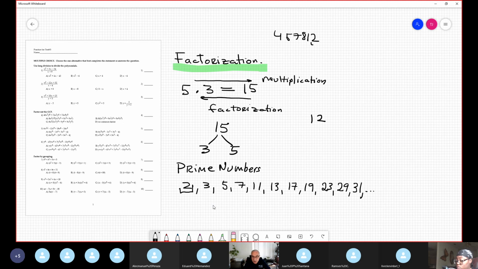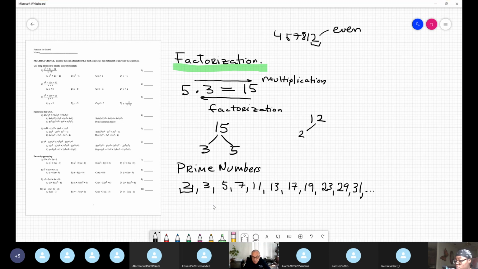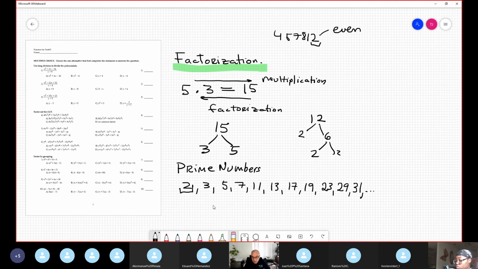You see the last digit is 2, so it is even. So you start with 2, because you break it down into 2 and 6, since 2 times 6 is 12, and again 6 is even, so 2 and 3. So what is the factorization for 12? It is 2 times 2 times 3, or 2 squared times 3, because the 2 is repeated. Either way, I prefer that way.